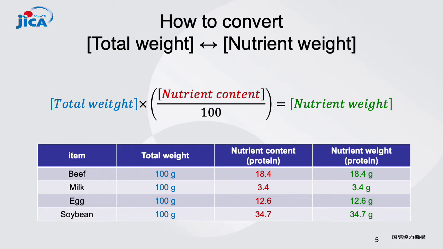So in case of beef, 18.4% is protein. So 100 gram multiplied by 18.4 divided by 100, you will get a protein weight, 18.4 gram. In case of egg, if you have 100 gram egg, the protein content is 12.6%. Then you will get 12.6 gram of protein.